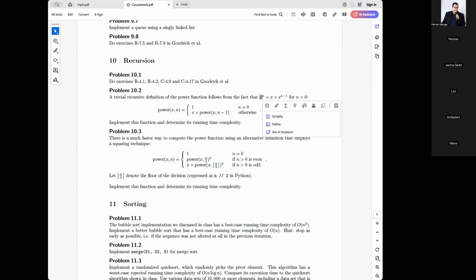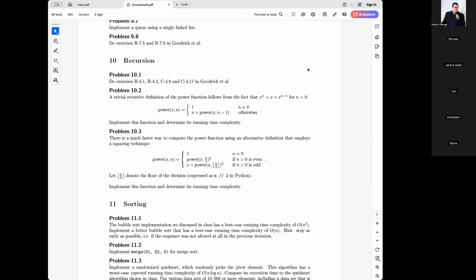If you have a power like x to the power of n, like 2 to the power of 10, in a naive way, you would calculate this by saying 2 times 2 times 2 times 2, so 10, until you have multiplied 2 ten times together with each other. So you would say x to the n is x times x to the power of n minus 1, while n is greater than 0.